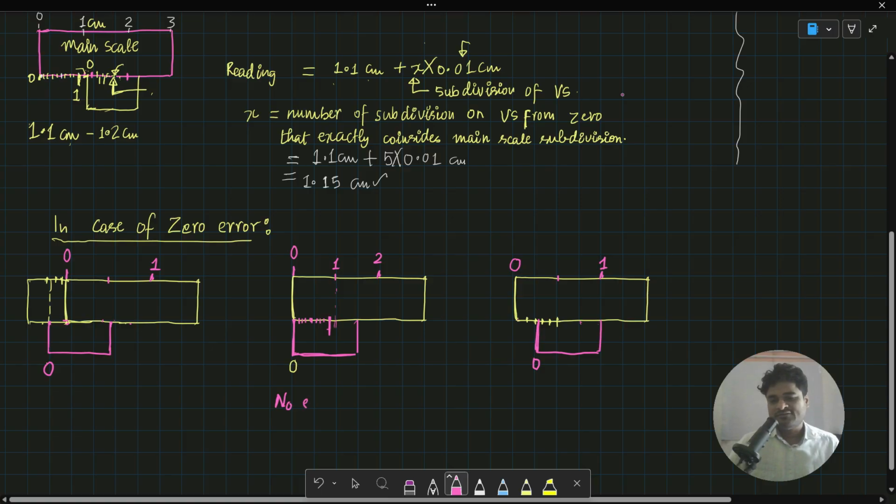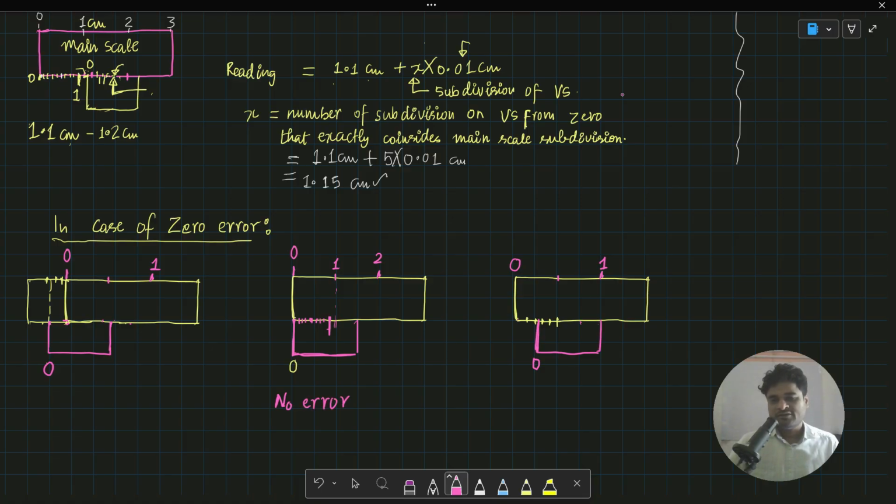Now in this case there is no object, but you can see that the vernier scale is not aligned, and it is on the right side of 0 of the main scale, and that's why this is called positive zero error. Even when there is no object, you can see that there is error and it will read some value. So this is called positive zero error.